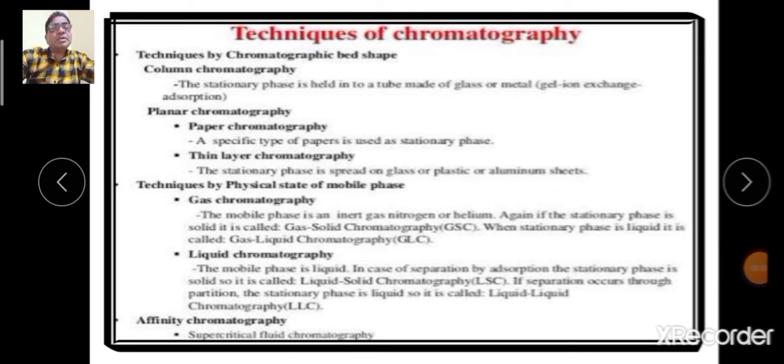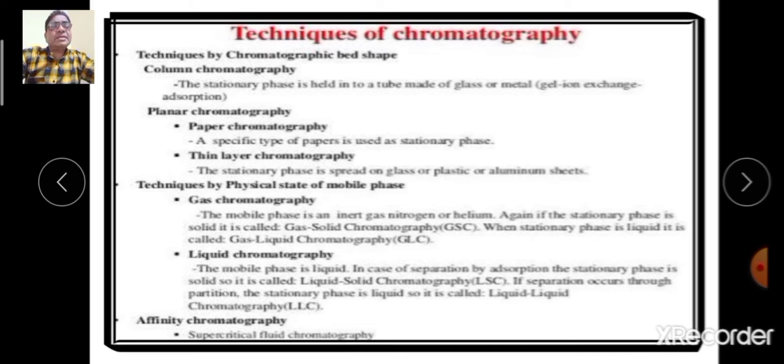Here are the various techniques of chromatography, which consist of column chromatography and planar chromatography. In column chromatography, the stationary phase is held in a tube, which is made up of glass or metal. In planar chromatography, the first variety is paper chromatography, which is carried out on plain paper.